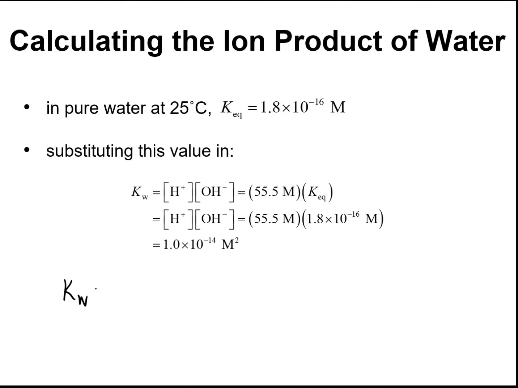So to write it out fully, and you don't always see units with the Kw. Your book does use units. So that Kw is going to be very helpful when it comes to doing problems with pH, which will be coming up.